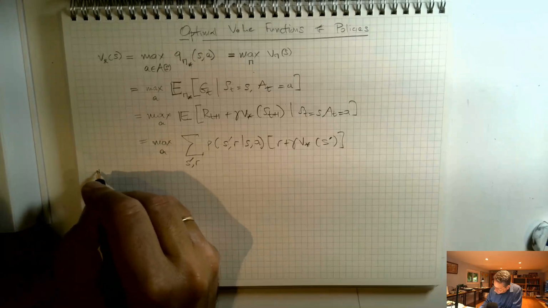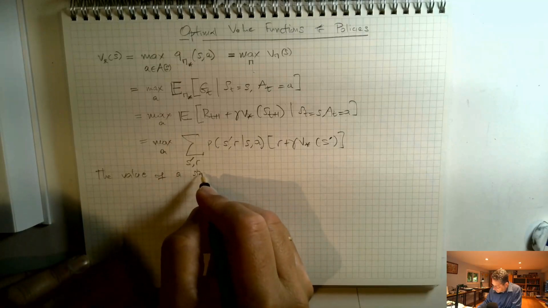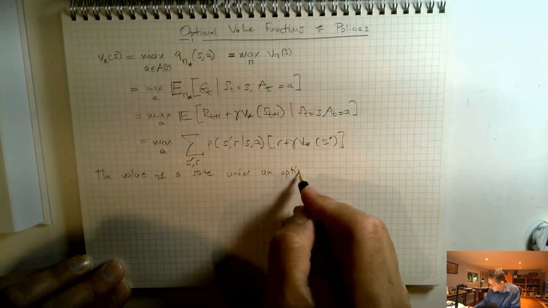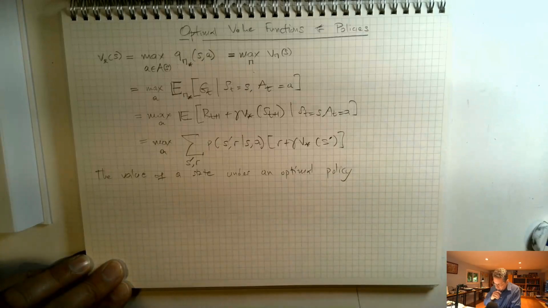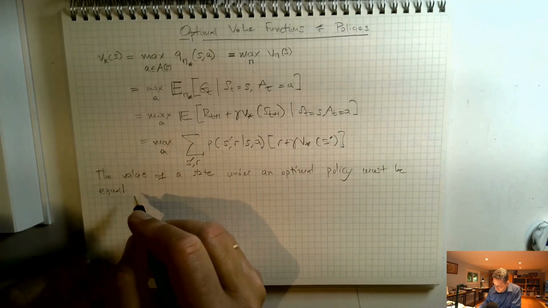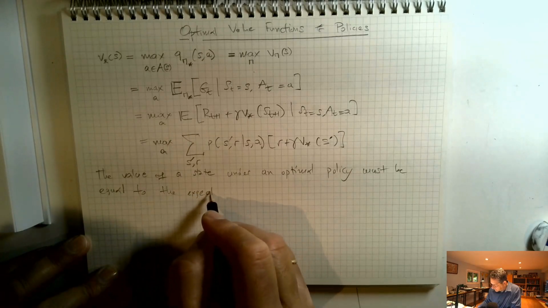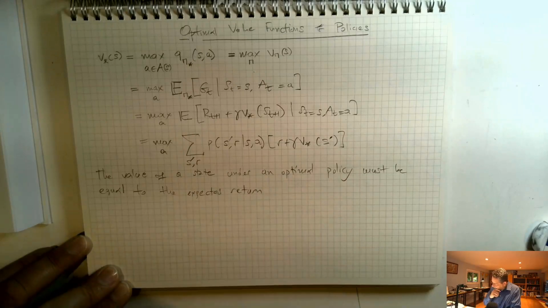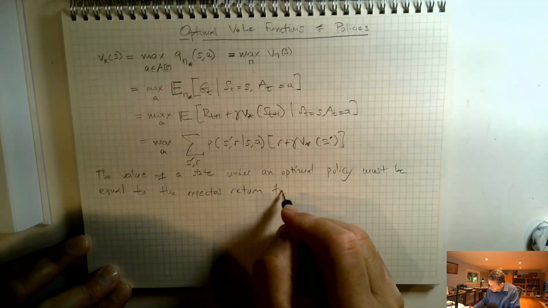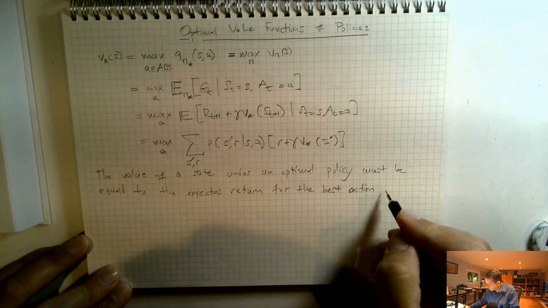Which of course says the following: the value of a state under an optimal policy must be equal to the expected return for the best action from that state.